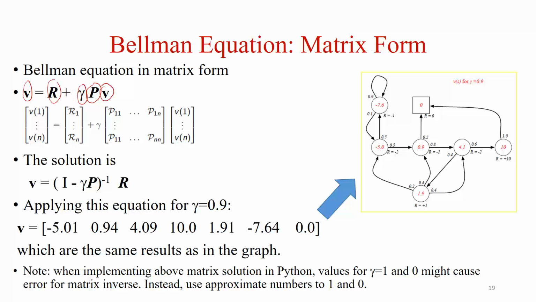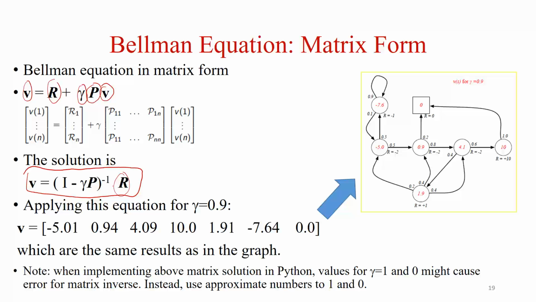With a little bit of math manipulation, we can solve for the state value by taking the identity matrix minus the discount factor multiplied by the transition probability matrix, taking the inverse of that, and multiplying it by the vector of the rewards.